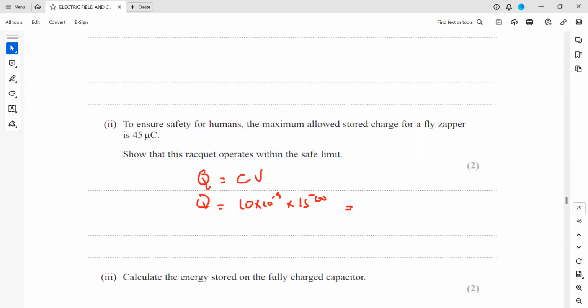So this will give us 1500 into 10 to the power minus 9. That will give us the maximum charge which we have in this case.